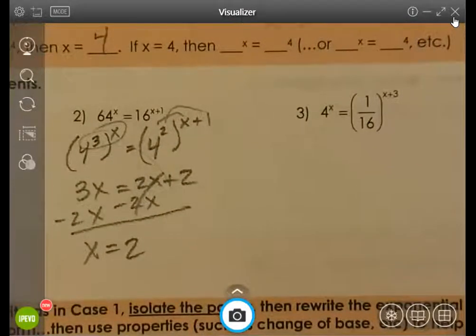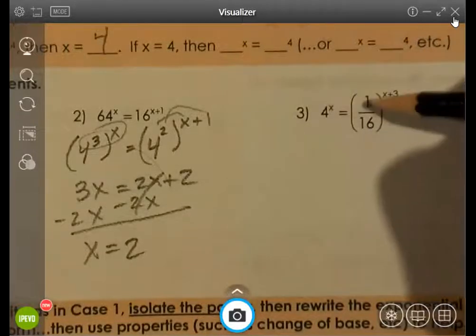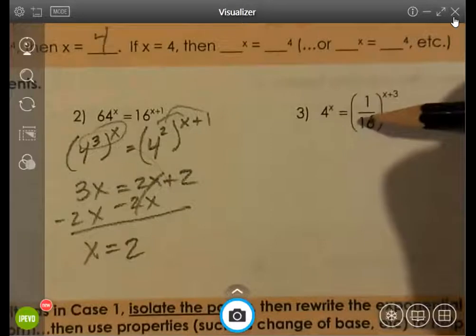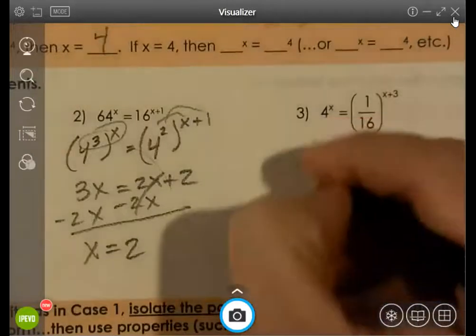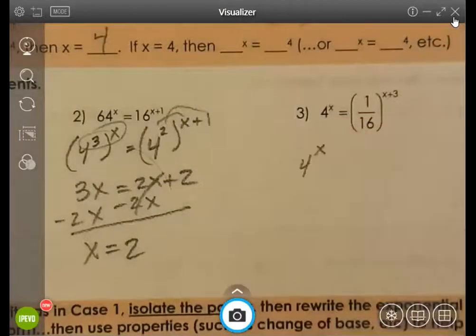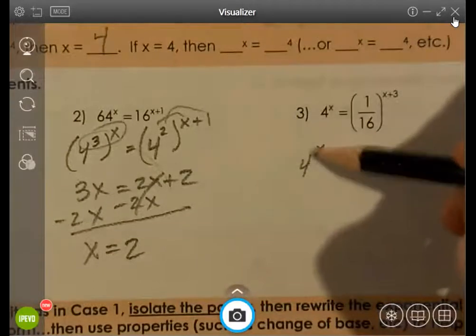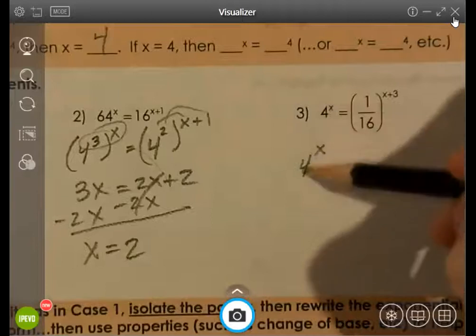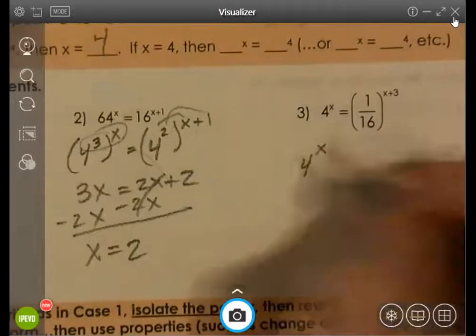All right, here's a little tricky one. This one has a fraction. So you should automatically know that a negative is going to be involved, because 4 to the first power times x is just 4 to the x power.